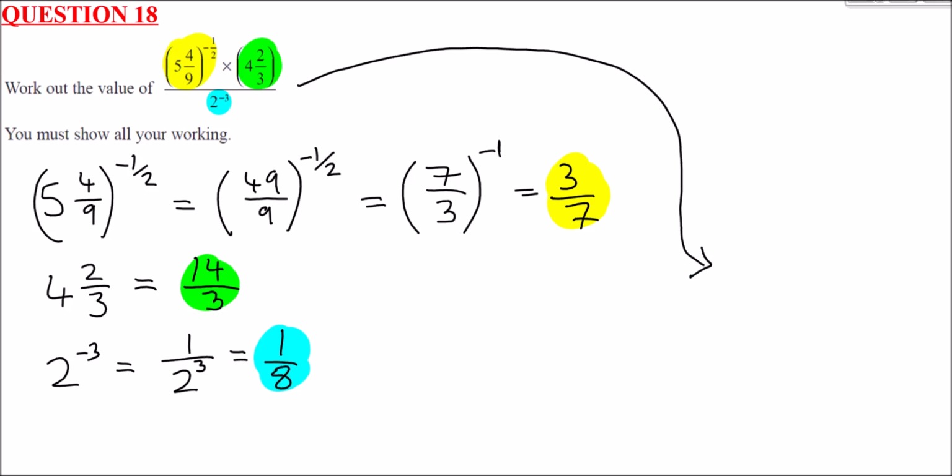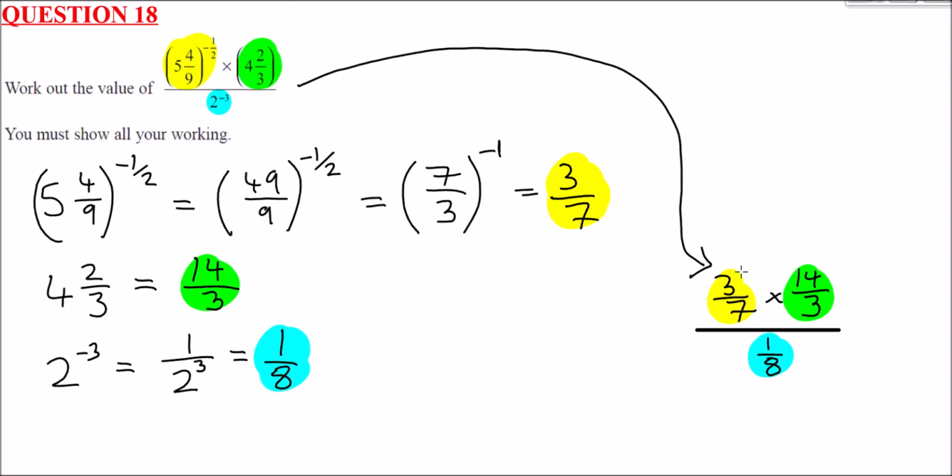So it's the same thing as 3/7 multiplied by 4 2/3, which is 14/3, all divided by 2 to the minus 3, which is 1/8. So we've simplified this to 3/7, 4 2/3 is 14/3, and 2 to the minus 3 is 1/8. So we can now simplify this quite nicely, in fact.